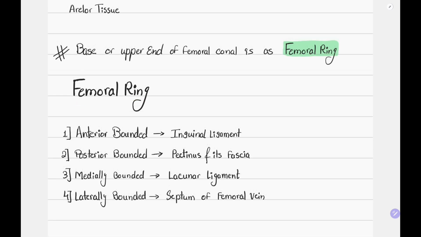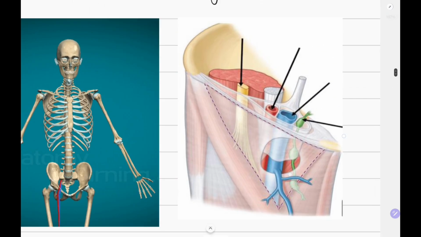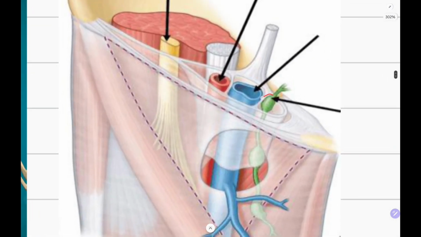So the femoral ring is bounded anteriorly by the inguinal ligament.